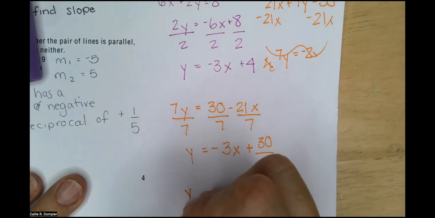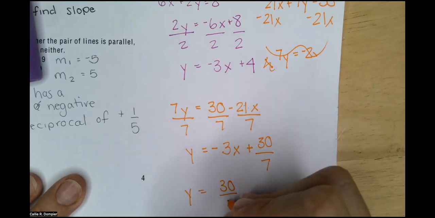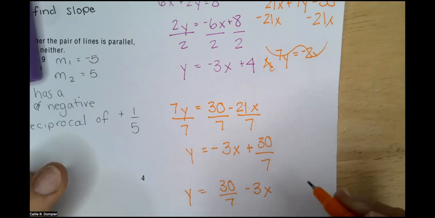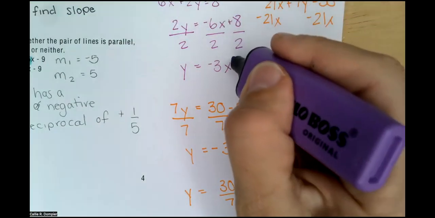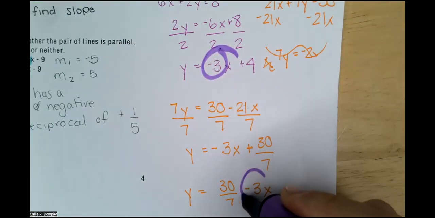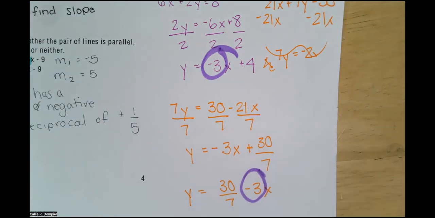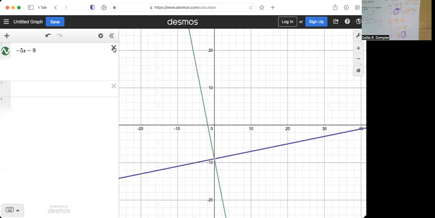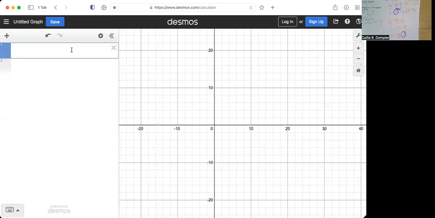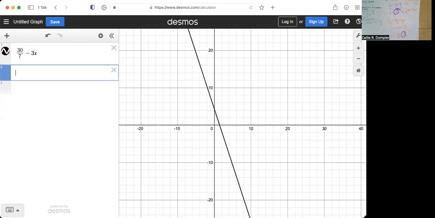Also welcome to write it as y equals 30 over 7 minus 3x. At the end of the day, these are parallel. We can verify using Desmos. It was y equals 30 over 7 minus 3x, and this one was negative 3x plus 4.